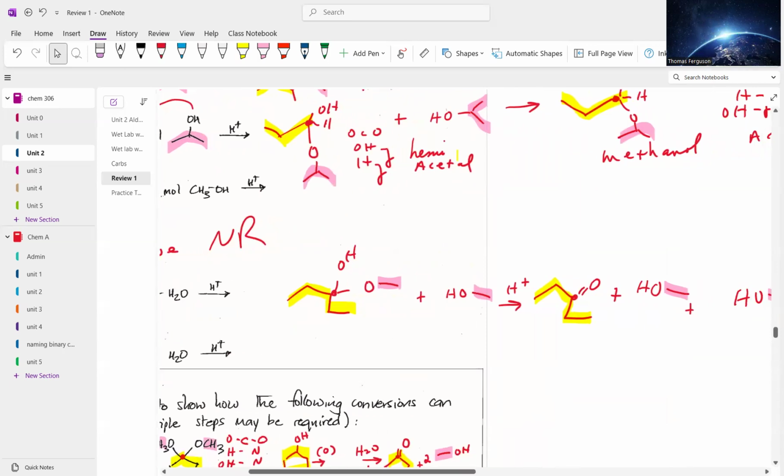Okay, so that is a really good review of aldehyde and ketone chemistry. There's some multi-step synthesis there, we have naming, we have structures, and a little bit of intermolecular forces.